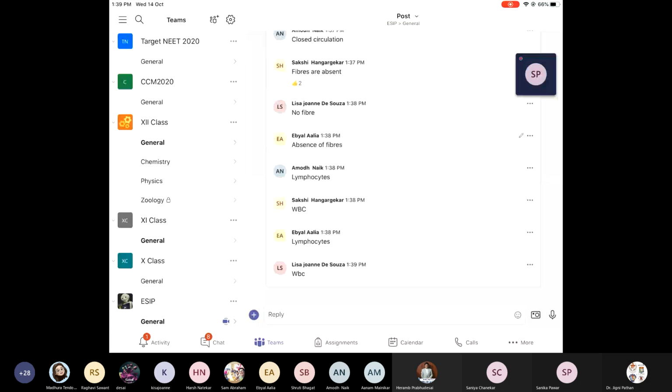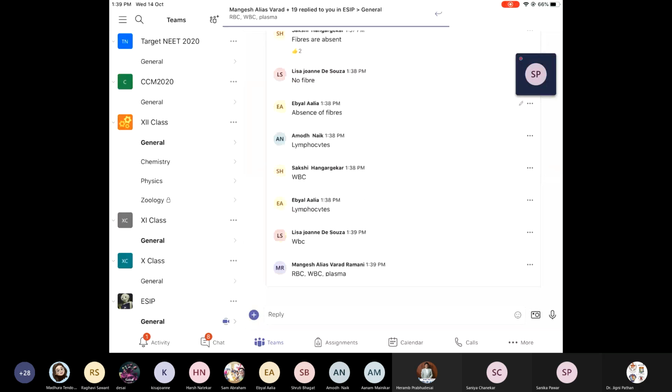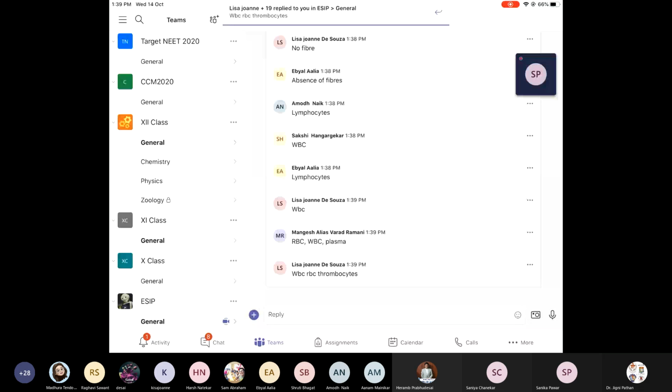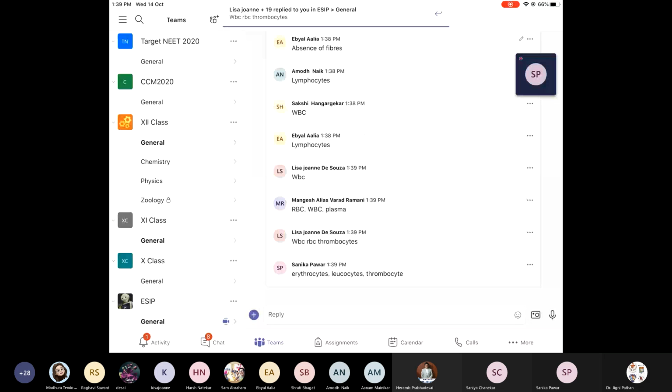Formed elements of blood. Mangesh, I'm talking about elements, not plasma. Plasma is a fluid. Formed elements are RBC, WBC, Sanika, very good. Erythrocytes, leukocytes, thrombocytes, Lisa, very good.